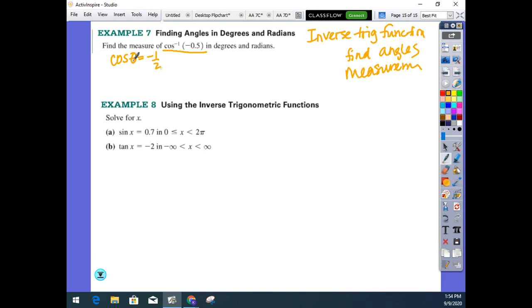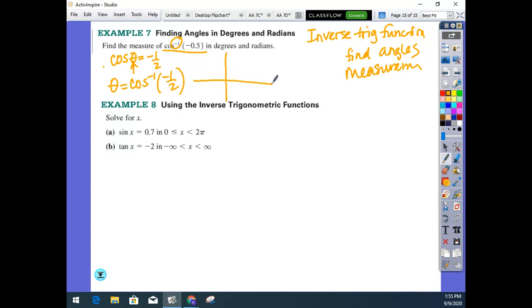So how would I get theta by itself? I'm looking for what angle do I take cosine of to get -1/2. So if I want to cancel out cosine, I technically take cosine inverse of both sides. So that cancels out cosine. So that's why whenever you have the inverse function, it's finding angles.